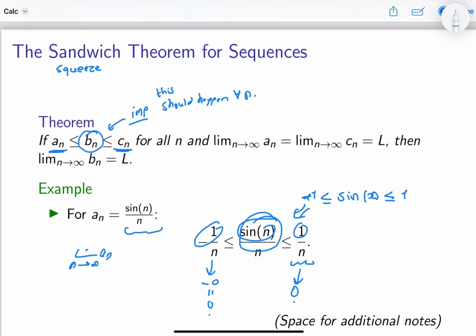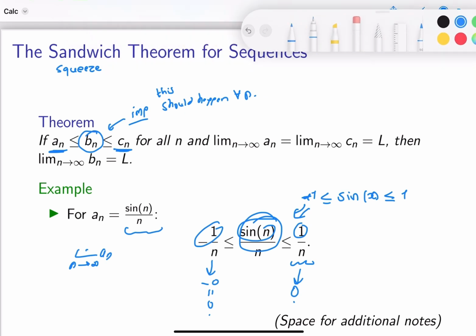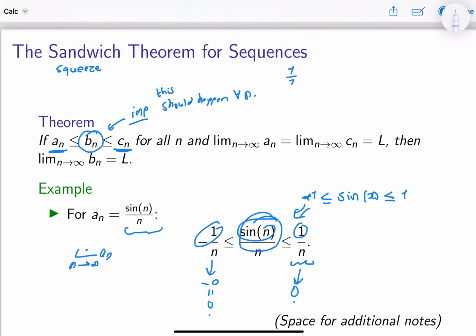I mean, for example, if you take the sequence 1 over 1, 1 over 2, 1 over 3, 1 over 4, and so on, right? If you take this first sequence, and you take the other sequence, let's say 1 over 2, 1 over 3, 1 over 4, and then you have 1 over 3, right?